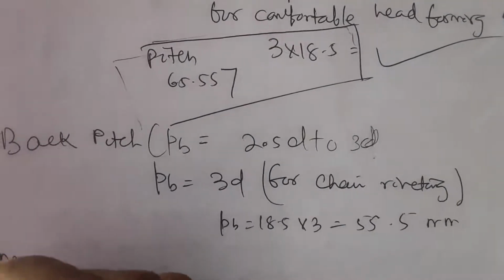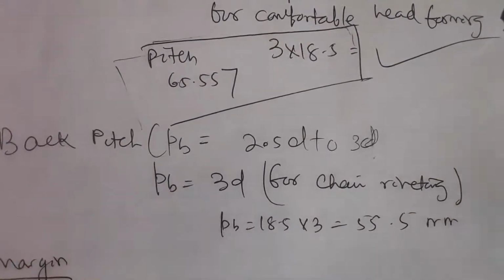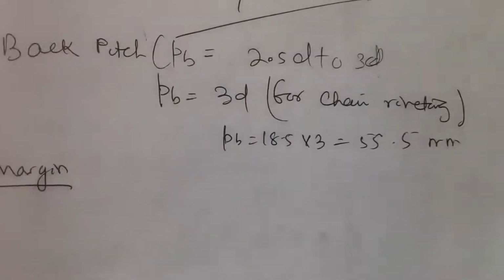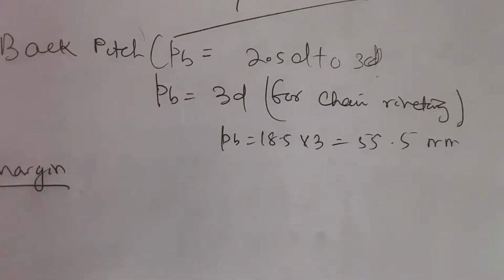Now margin. Margin M is determined by equating the shearing strength of the rivet, the smaller of the shearing strength or crushing strength of the rivet.